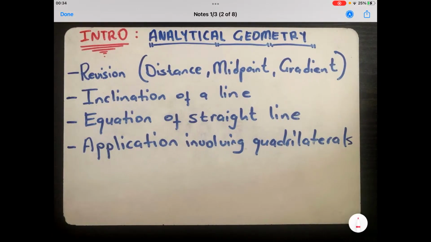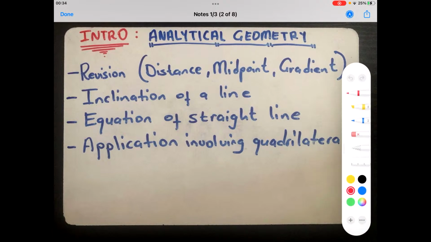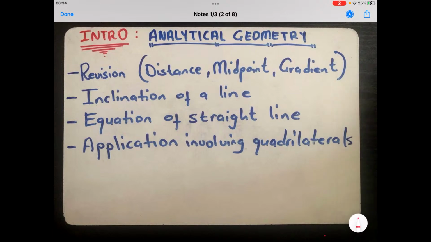We did discuss the distance formula, the midpoint formula, and the gradient formula. And with regards to the distance, we said distance, length, same thing. Midpoint refers to the middle point between 2 points.